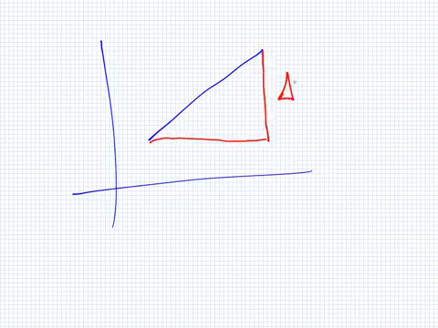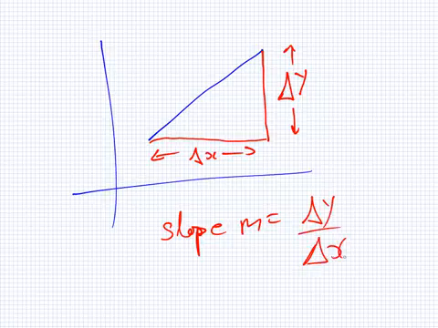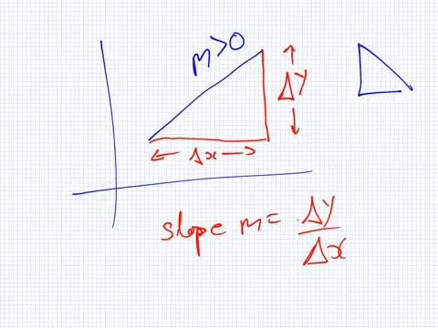This height is delta y, and this height you call delta x, and the slope m will be the delta y divided by the delta x. But don't forget the minus if the line is going down, okay? So there's a plus minus as well.